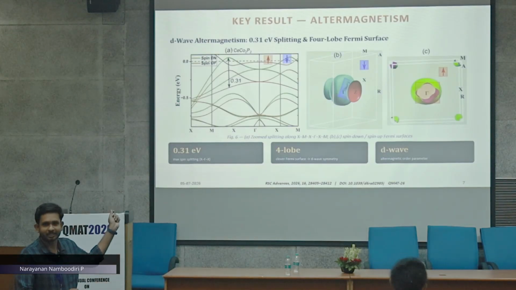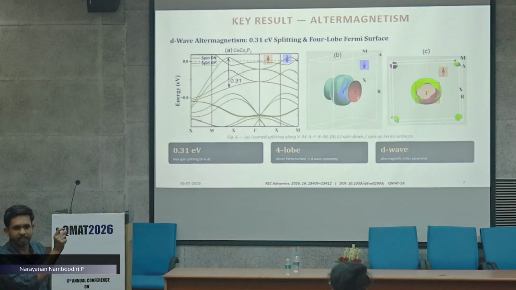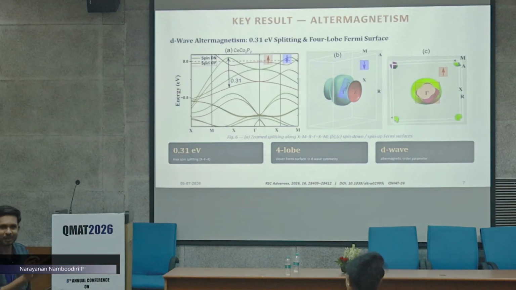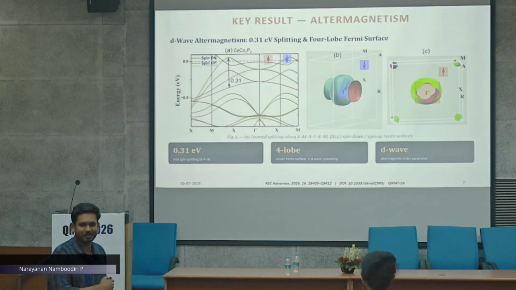Actually, sir, in this plot there were only these three points, so this splitting was X to gamma to X, and in that range the splitting was happening. Along the line, your gamma should be there, no? Actually, this is the gamma. Okay, you have written it wrong. Yes, sorry, the axis label. It was a mistake from my side.